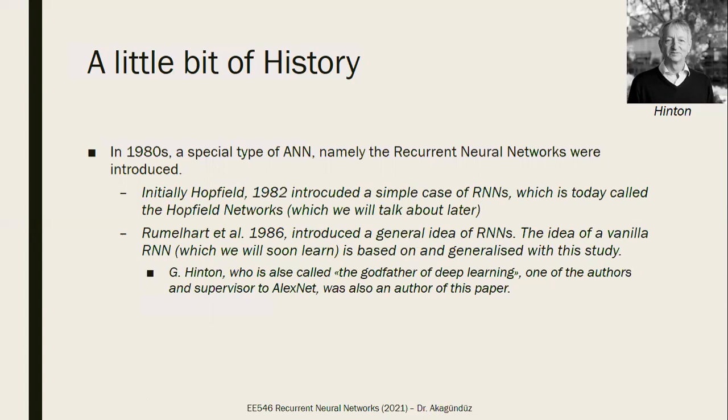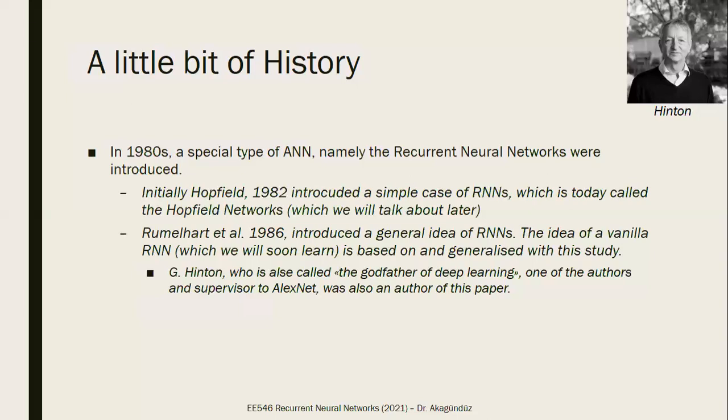Today, they are so insignificant that most deep learning courses skip them. But the Hopfield network was the first idea of an RNN. What is the idea of an RNN? We are going to be talking about this in this lecture today: part of the output of the network is fed back as an input, so there's a feedback. But it was a primitive implementation of the idea.